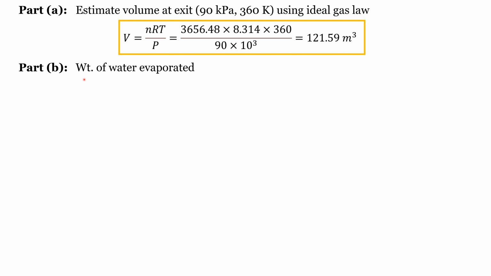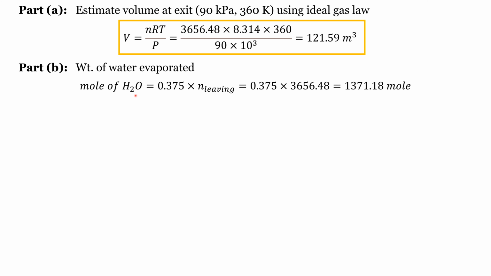In part B we need to estimate the weight of water evaporated. We have already estimated the moles of gas entering and moles of gas leaving. So by simply subtracting the moles of entering gas from the moles of leaving gas, we can estimate the moles of water vapor evaporated. So moles of H2O will be equal to 0.375 into moles of leaving gas.